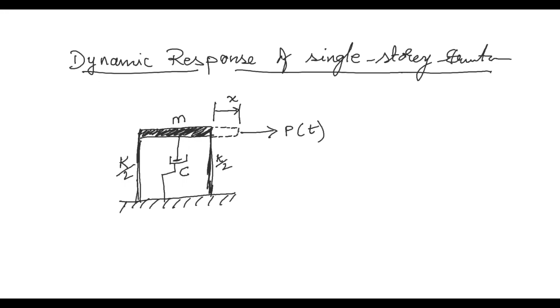And the stiffness of the column, I will indicate with the other color. This column is going to move like this, and here also it is going to move like this. So this entire mass, or single story structure, has moved like this.